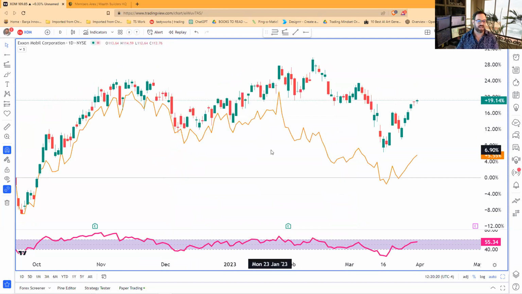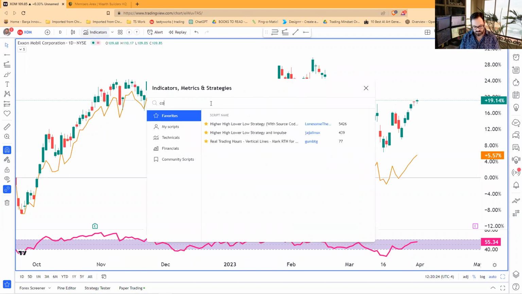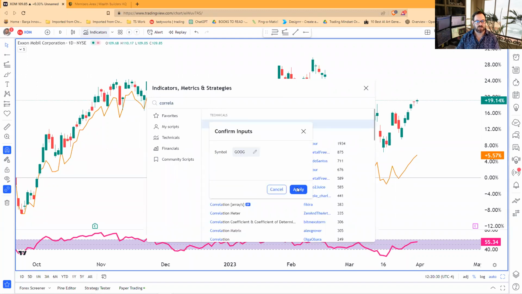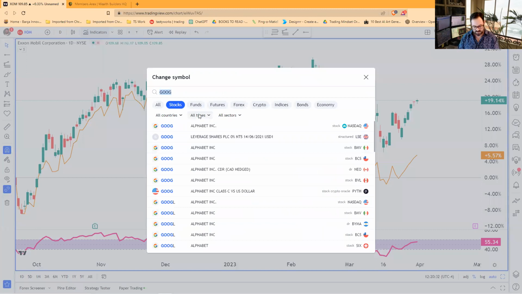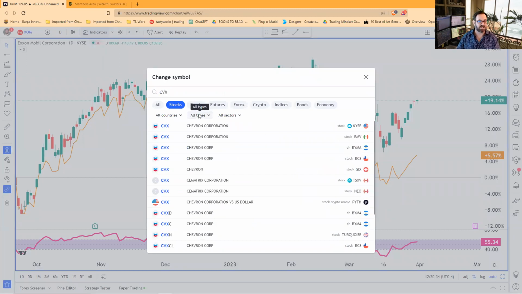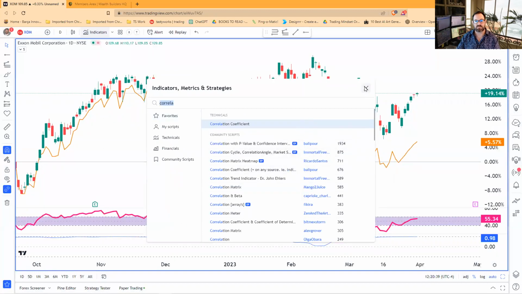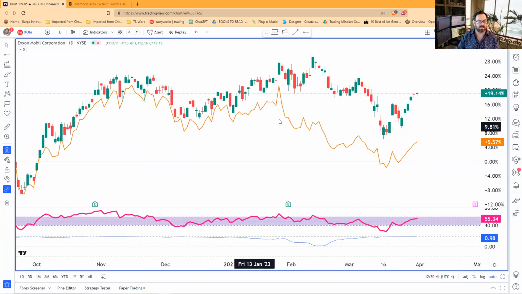I can put them in separate panes, whatever I want to do. But when I go to indicators, correlation coefficient, and there's several of them out there you could use. And this one I'm actually comparing to CVX. So I didn't necessarily need to have the other chart here. You can see the correlation coefficient between the two securities.